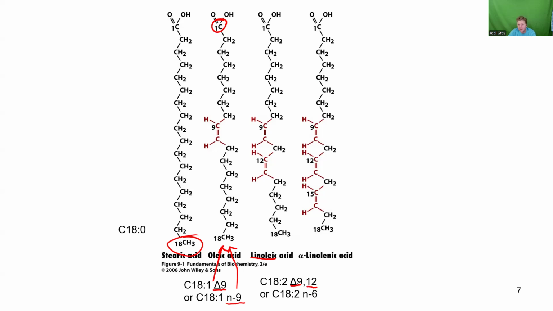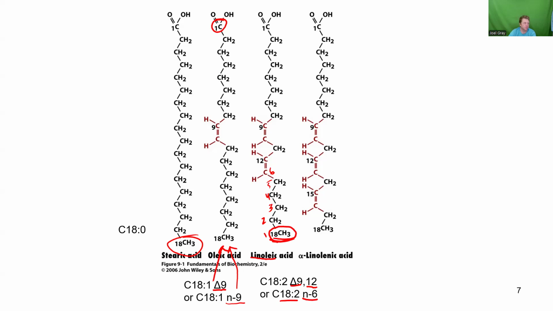Now, this is written differently using an omega numbering scheme, and that's because our numbering is starting from right here. So this is going to show up as 18:2 n minus 6, because we start at this last carbon and we count up. We say 1, 2, 3, 4, 5, and 6.